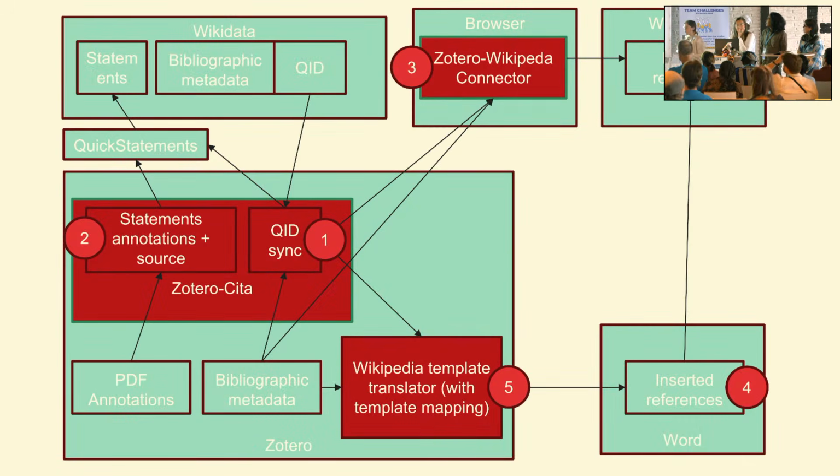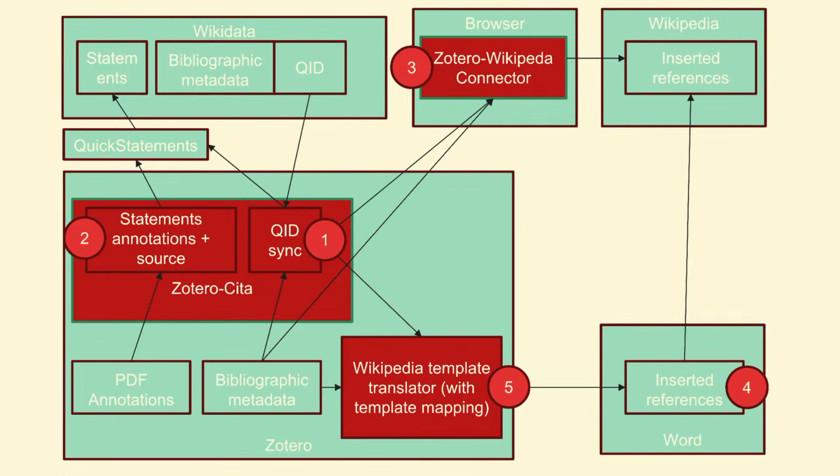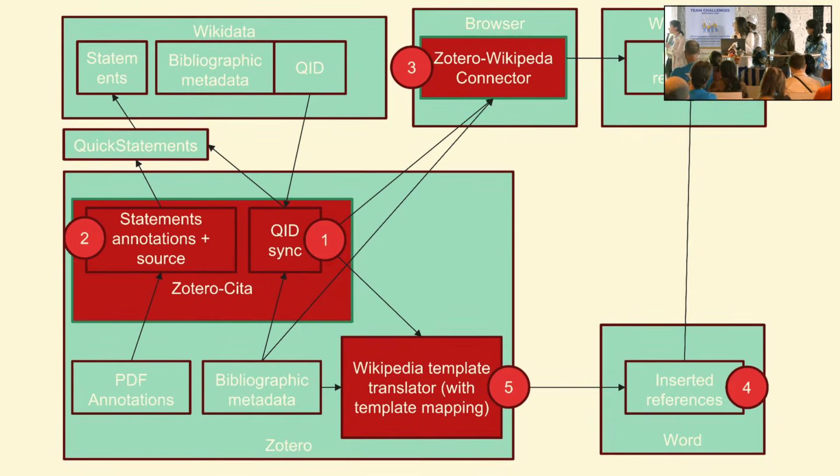So this is a very complex project, and this is a diagram of all the things we would like to have. The functions would be having a synchronization of QIDs and Zotero items, to have the possibility to use Zotero to source statements in Wikidata, to have a browser connector that allows you to cite items from your library directly on Wikipedia, to be able to copy-paste your text that you wrote with references in Word, for example, into Wikipedia.